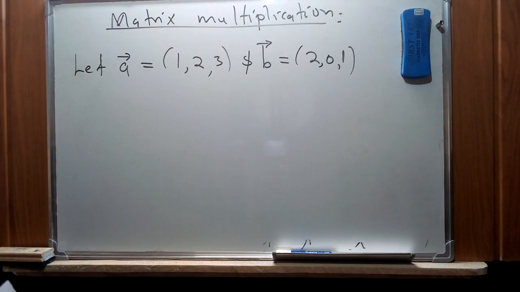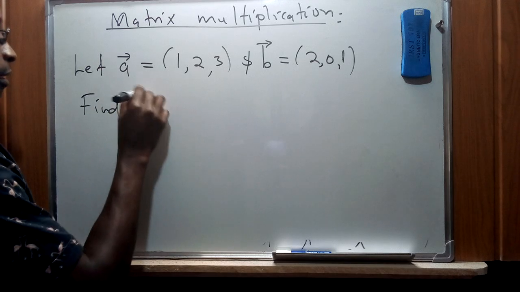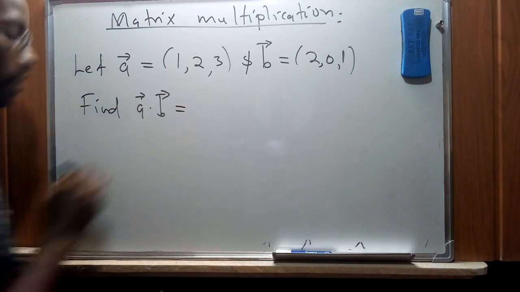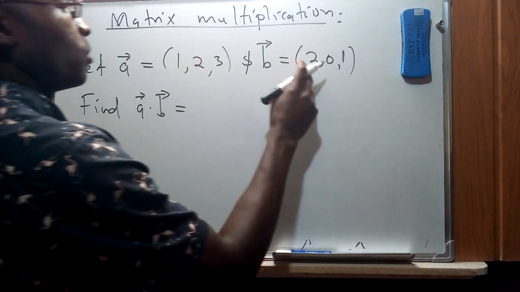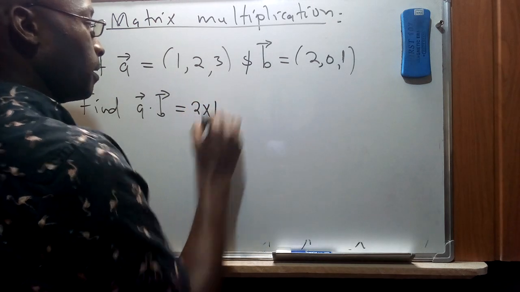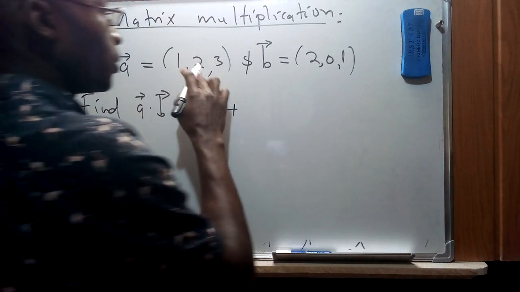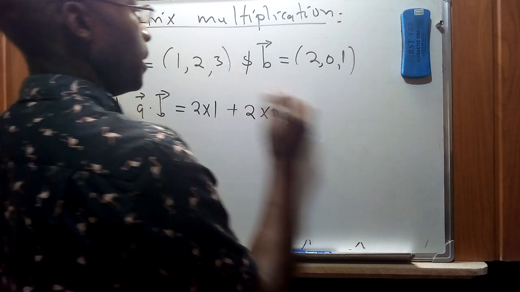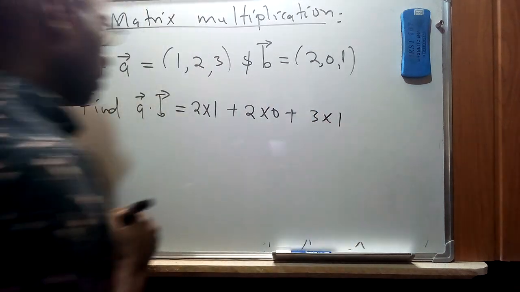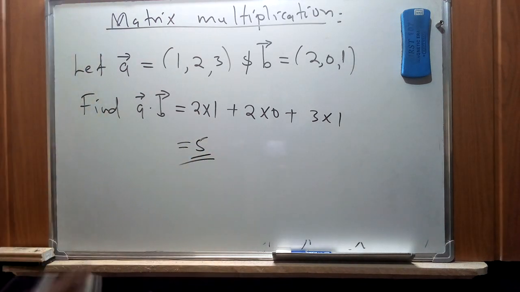In finding the dot product of A and B, this is equivalent to 1 times 2, multiplying the respective elements, plus 2 times 0, plus 3 times 1. This gives us a scalar quantity, which is 5, and that's the dot product of those two vectors.